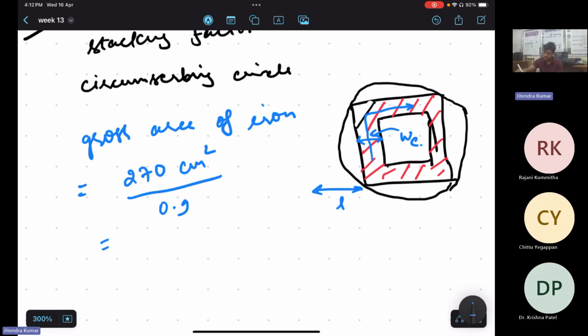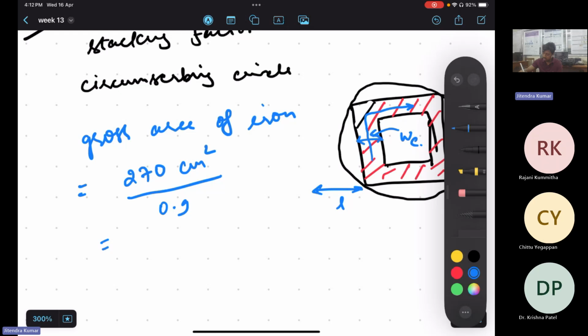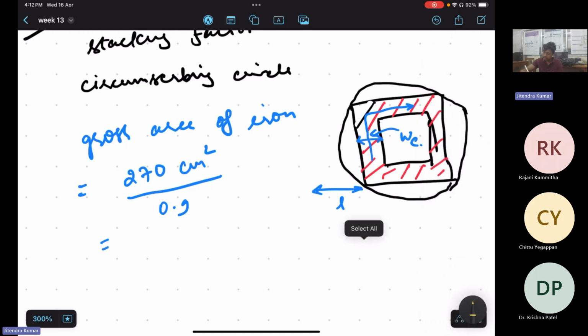Otherwise, what I thought was to calculate this length first and then multiply with root 2 and you will get this diameter. Once we get this diagonal length, we know that this is the diameter of the circumscribing circle, right? And from there we could calculate.